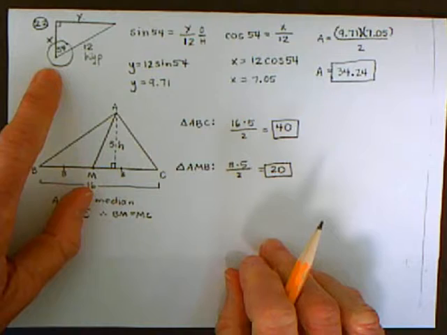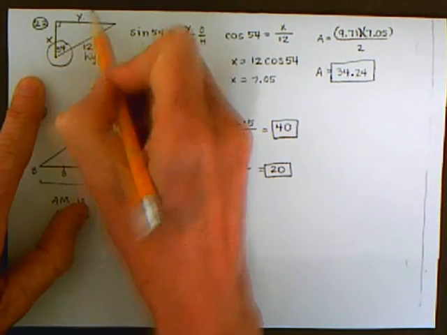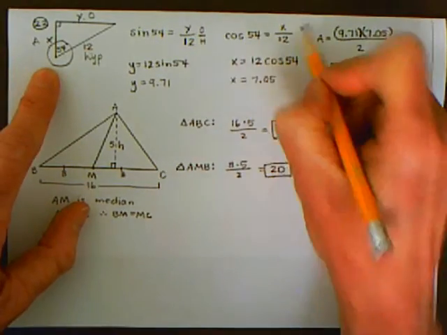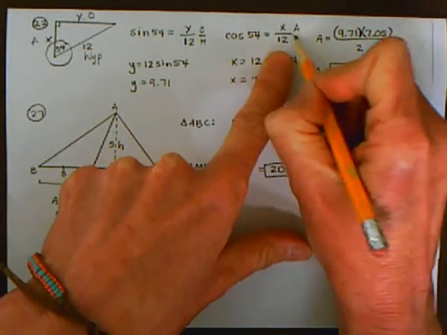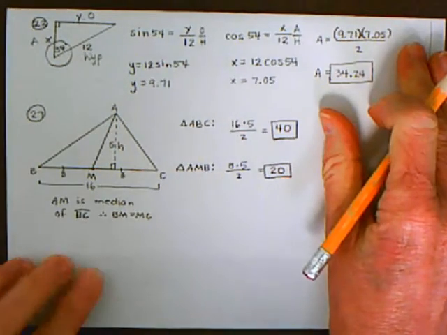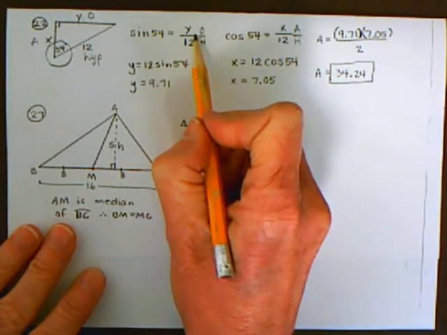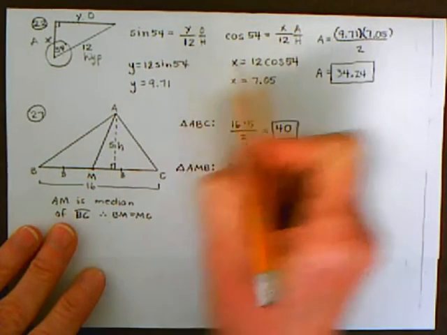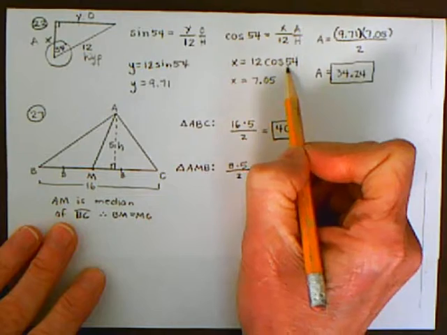The cosine of 54 is equal to the adjacent over the hypotenuse. Remember this? All right, and so multiplying both sides by 12 here, I get that y is equal to 12 sine of 54. And I get that x is equal to 12 cos of 54.